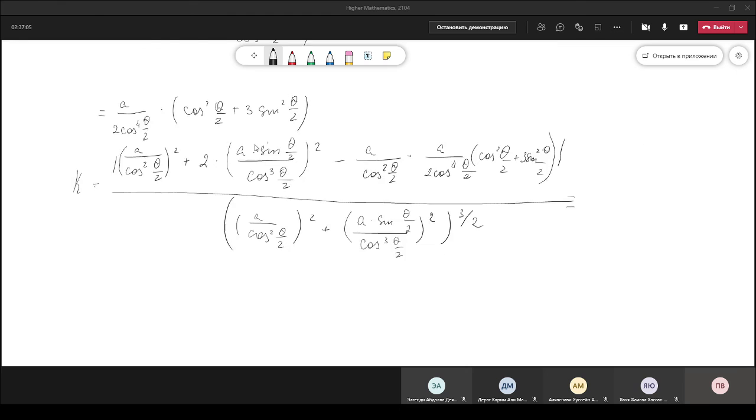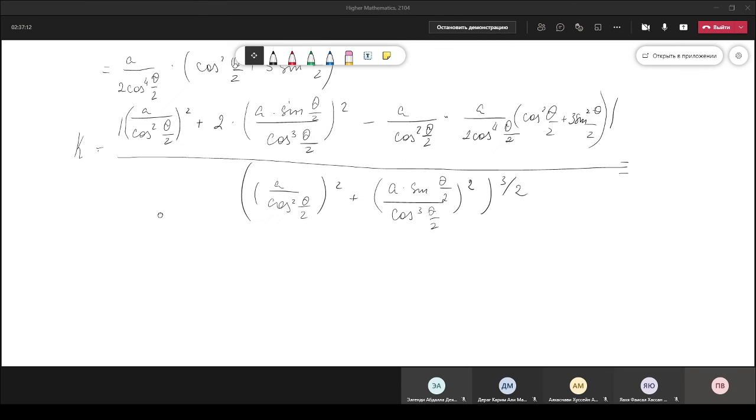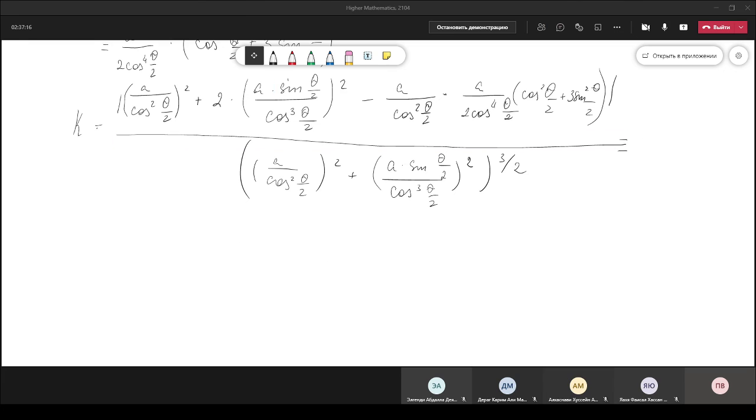Maybe. Good. Equals, maybe I take a squared out of the modulus and we have 1 over cosine with power 4, plus 2 sine squared over cosine with power 6, minus a squared.